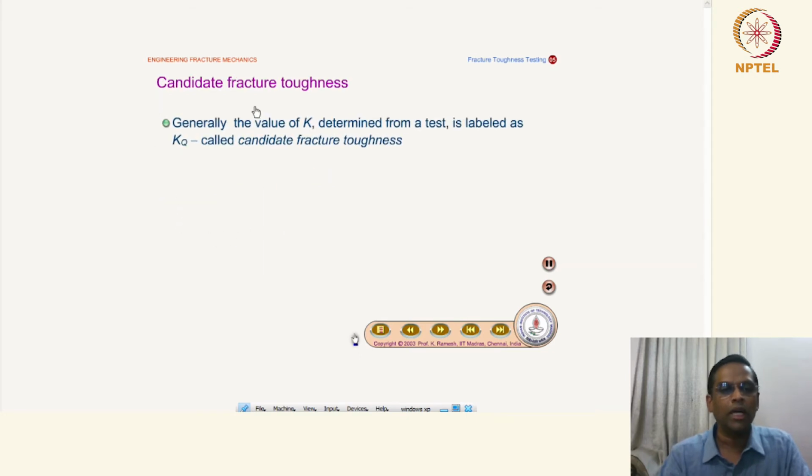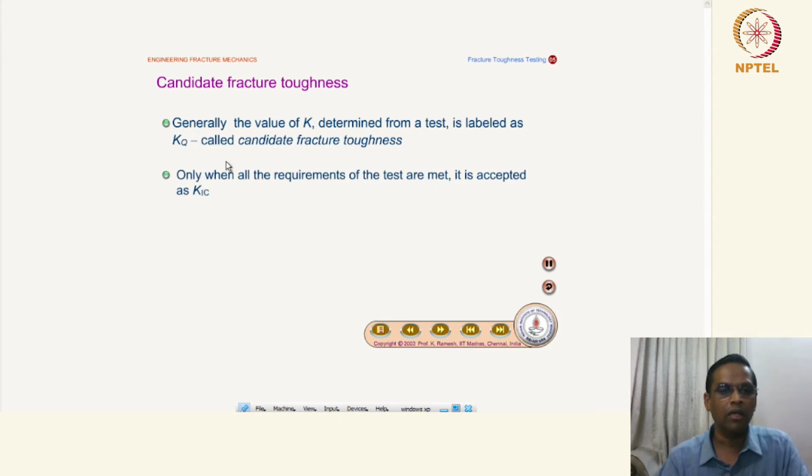So, candidate fracture toughness. What is candidate fracture toughness? Generally, the value of K1 determined from the test is labeled as KQ, called candidate fracture toughness. So this is a test outcome, and it will be recorded or declared as K1C only after certain conditions.